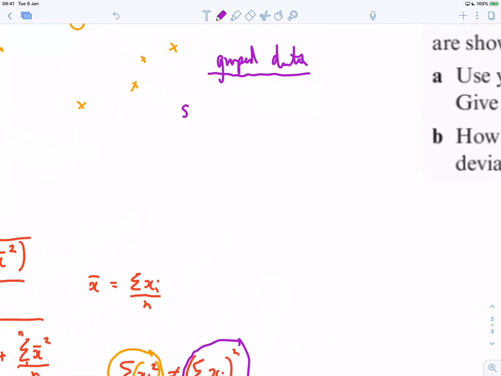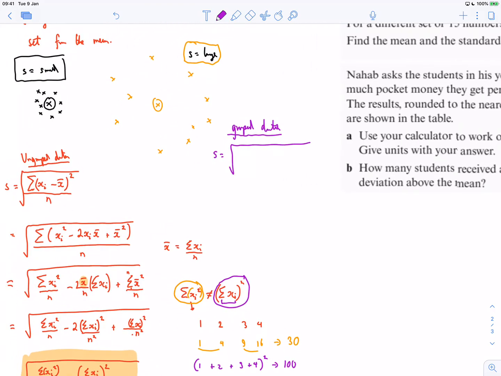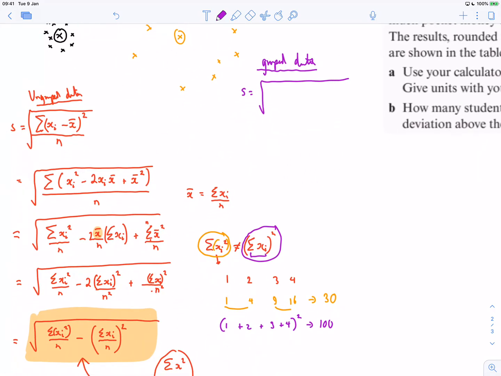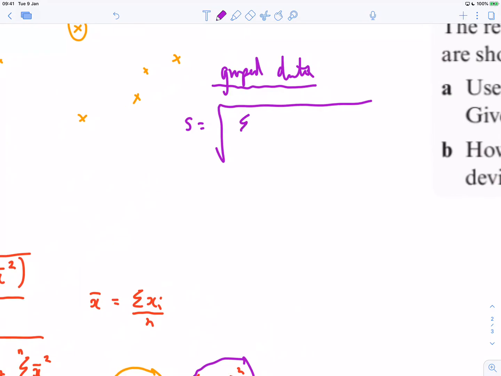So in the same way, the standard deviation can be written as, and I'll just give the better version down there, it's the square root of the sum of x squared f over the sum of f minus the sum of xf over the sum of f, squared.